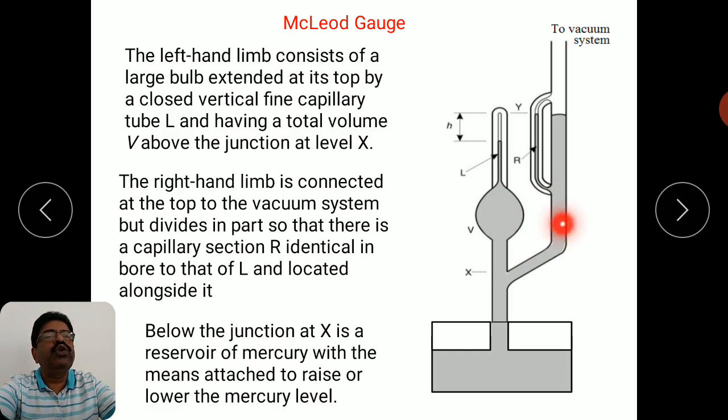Initially there is simply gas, and its pressure will be the vacuum system pressure. This picture shows the second position, when you apply pressure at the reservoir and the mercury rises. But before applying the pressure, only gas is present in both limbs.